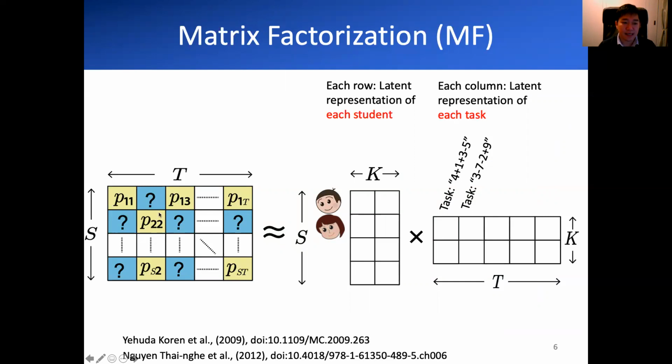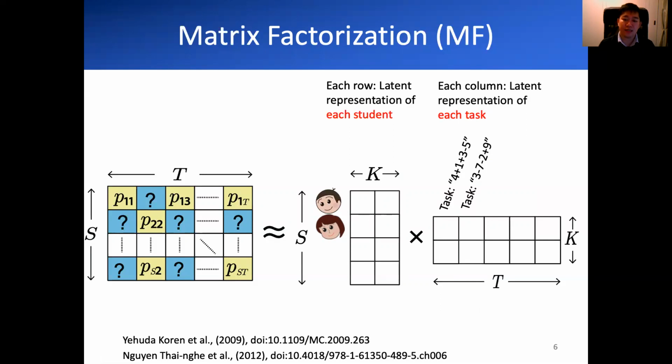Specifically, the st element of the matrix has the value of the student performance in the tth task. Then, matrix factorization, or MF, aims to approximate the matrix by a product of two matrices on the right-hand side, one consisting of the latent distributed representations of each student, and one consisting of the latent distributed representations of each task.